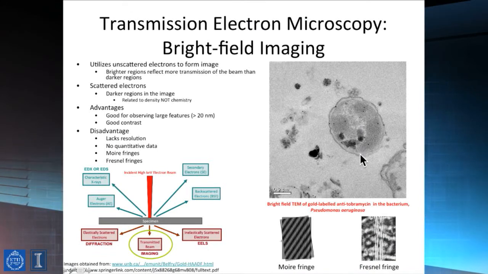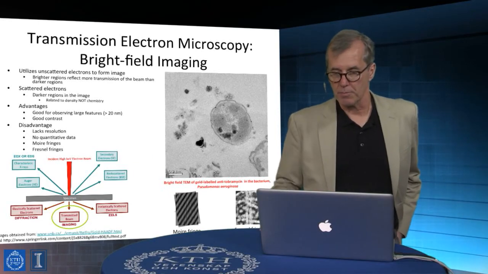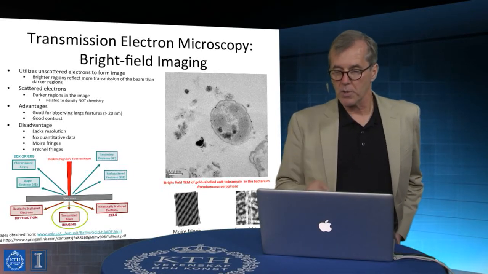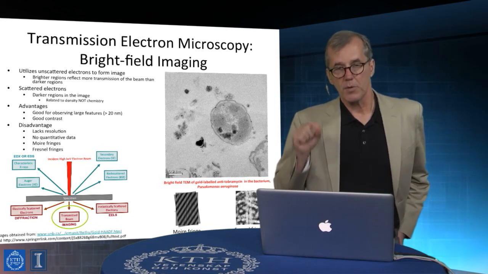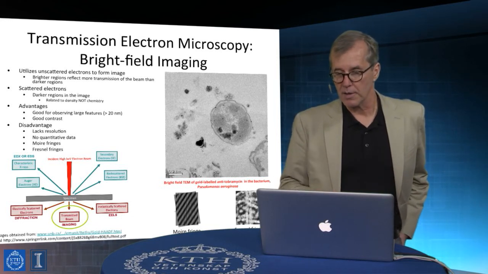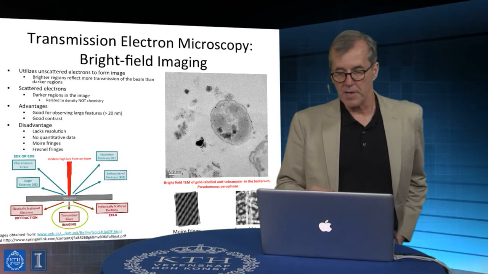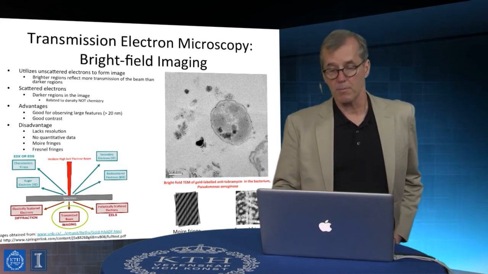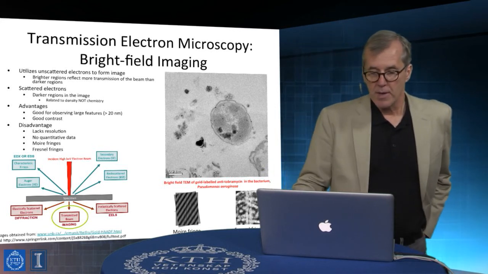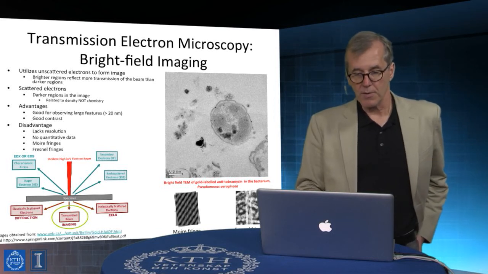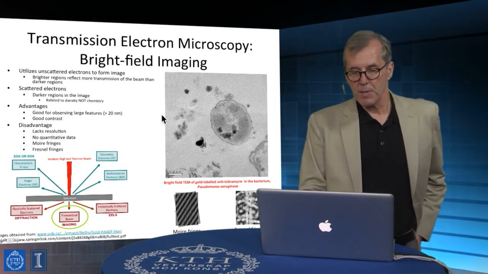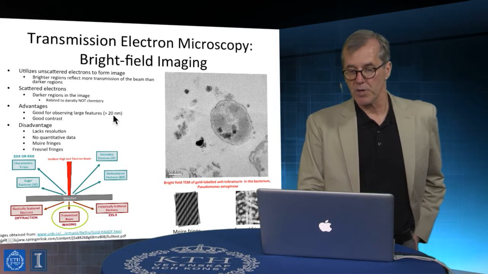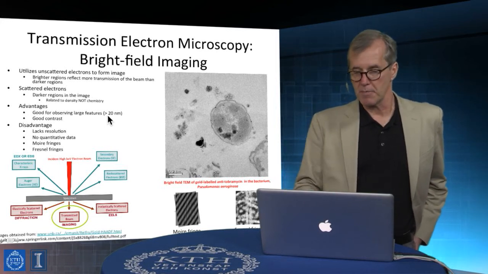What you're seeing in the image is contrast that relates to the density of parts that are present. The very small gold clusters, being small but high Z, look dark, and things that look dark are dense, and things that look bright are much less so. This is actually a very good way of imaging things, but typically we're looking at larger scale structures of the order of tens of nanometers.